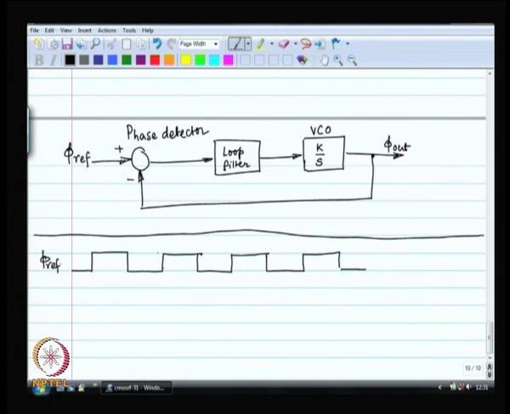So, really I am not going to call this phi ref anymore, I am going to call this V ref. This is the voltage corresponding to phi ref, and the voltage corresponding to phi out is probably something like this as a function of time.